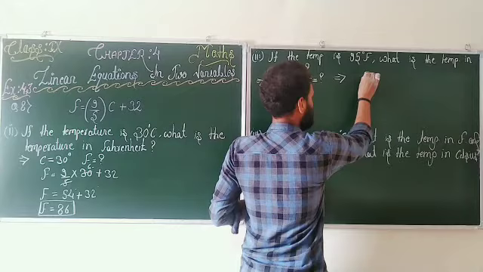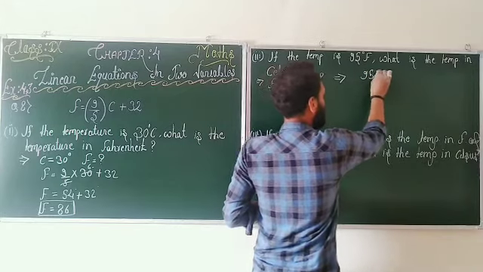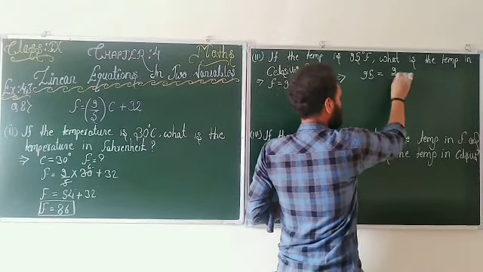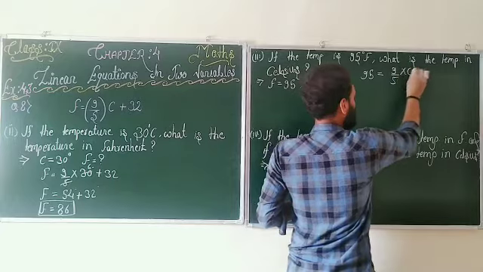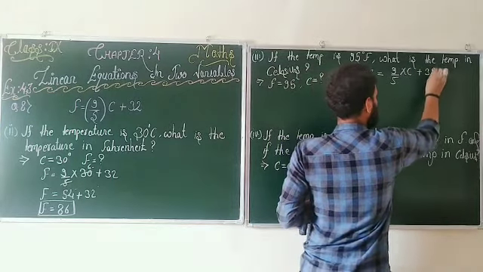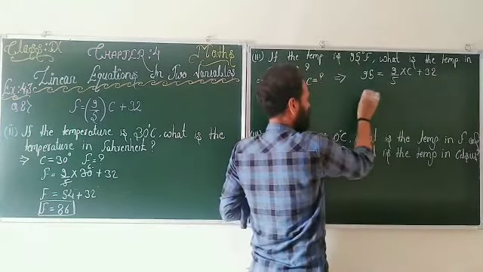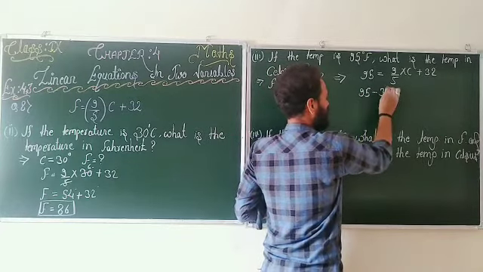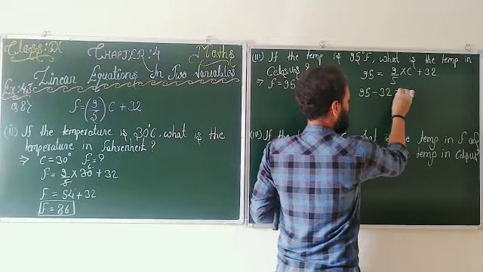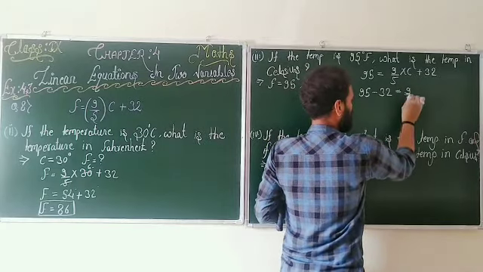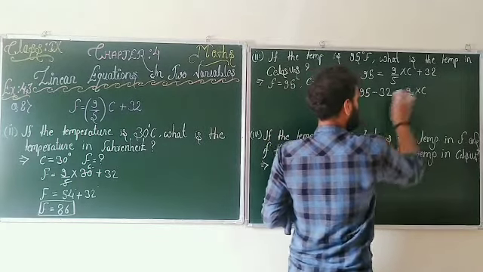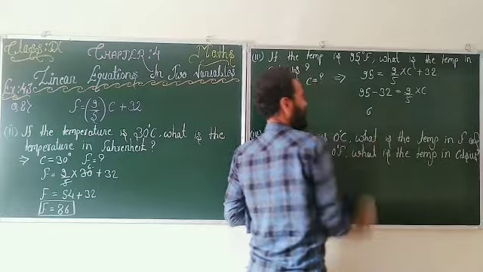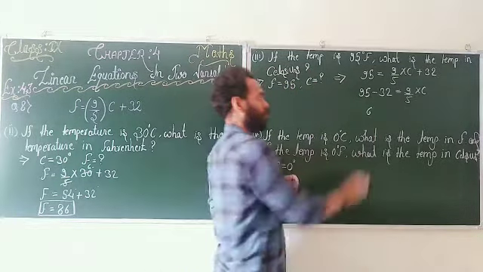So we use the same relation: 95 equals 9/5 into C plus 32. First we transfer 32 to the LHS, so its sign changes to negative. When we subtract 32 from 95, we get 63 equals 9/5 into C.